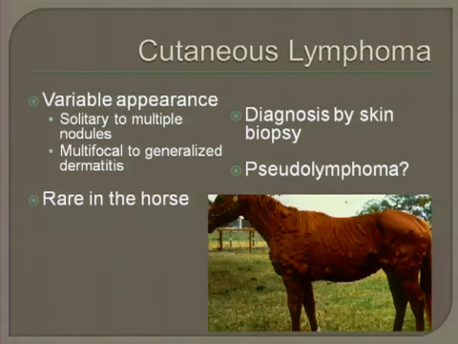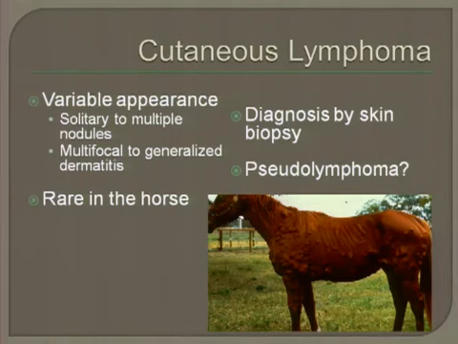And pseudolymphoma is this very interesting condition in the horse. So the biologic behavior of lymphoma is fairly expected in other animals. It's progressive, it's usually not very responsive to treatment, and almost always uniformly fatal. Certainly that's how it is in the dog.